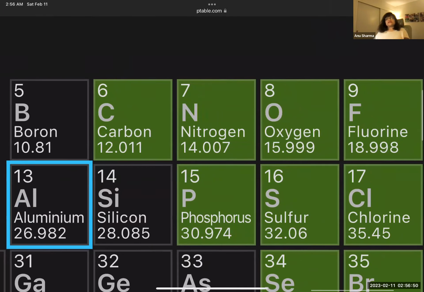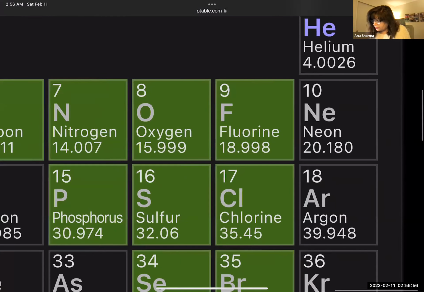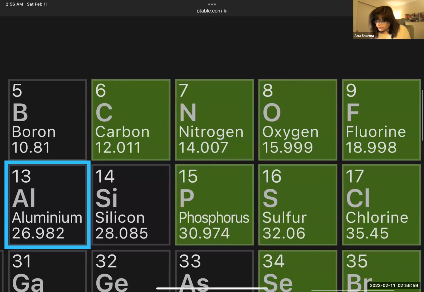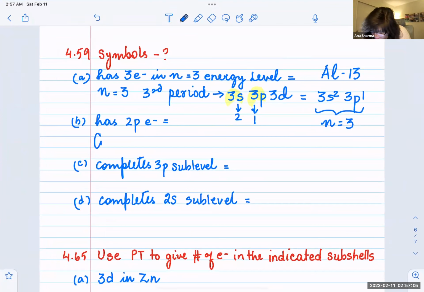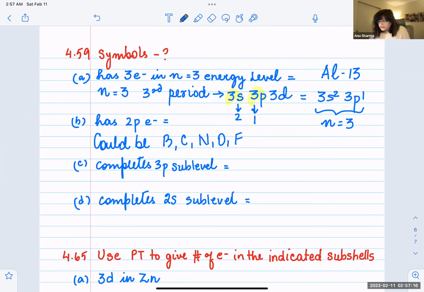They're saying that there are some electrons present in the 2p orbitals. So it could be boron, carbon, nitrogen, oxygen, and fluorine. Okay, so that's the 2p.